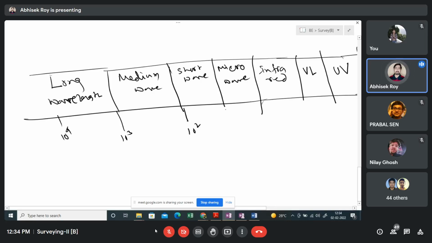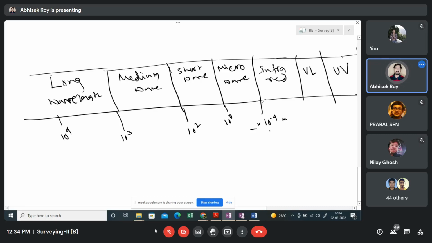Short wavelength, normally it will come to more than 1 meter, that means 10 to the power 0, it is more than this. Microwaves, normally, you can say, it will be just some fraction multiplied by 10 to the power 4, say 5 or 4 into 10 to the power 4, that much meter. So microwave length will be more than this.